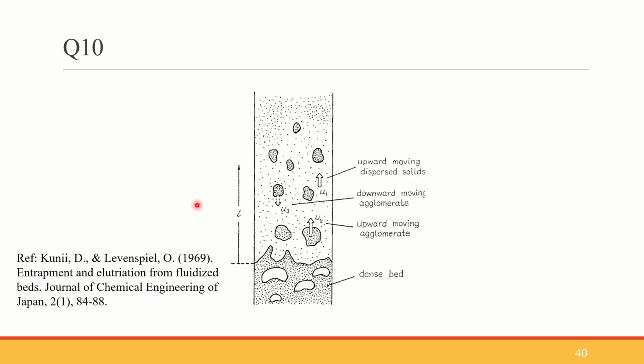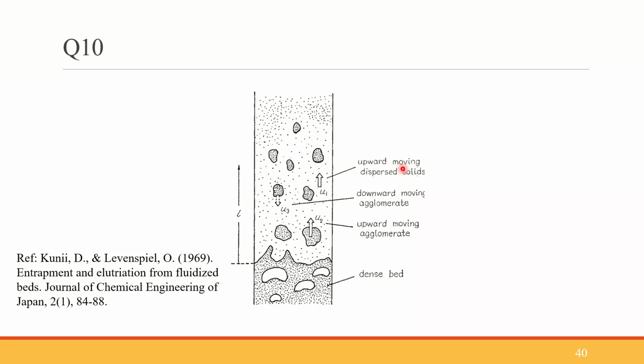Here we are able to see the dense bed, and the freeboard entrainment model is given by, they have mentioned three things: the upward moving agglomerates, the downward moving agglomerates, and the upward moving dispersed solids. I hope you guys remember those. Now let us go to question 11.